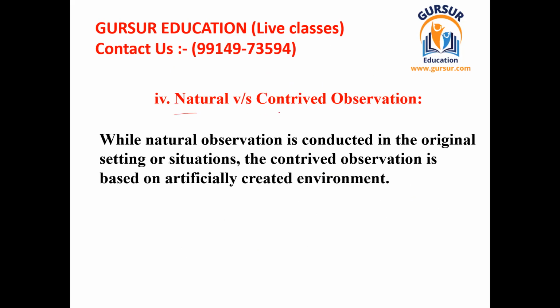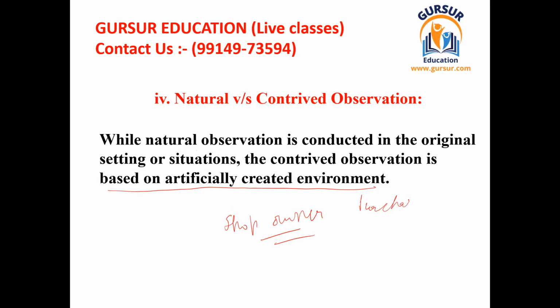Then natural and contrived. Natural is when you take the observation in natural or original settings. In the original mall, the respondent is going and you are recording their purchasing behavior. But in case you have created an artificial environment, like you have pre-planned or contrived with the shop owners, you have already made the environment for the purchaser.